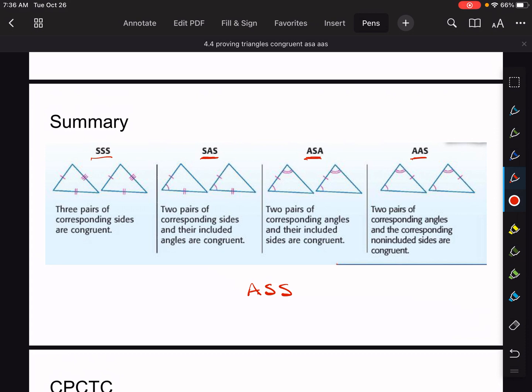Okay, there is no angle, side, side in geometry. So do not try to prove something that way. I guess I could have also written that a little different, SSA as well, right? So these 2 cases are not ways to prove that 2 triangles are congruent. Don't try to use that. Okay, so that's the final summary there.